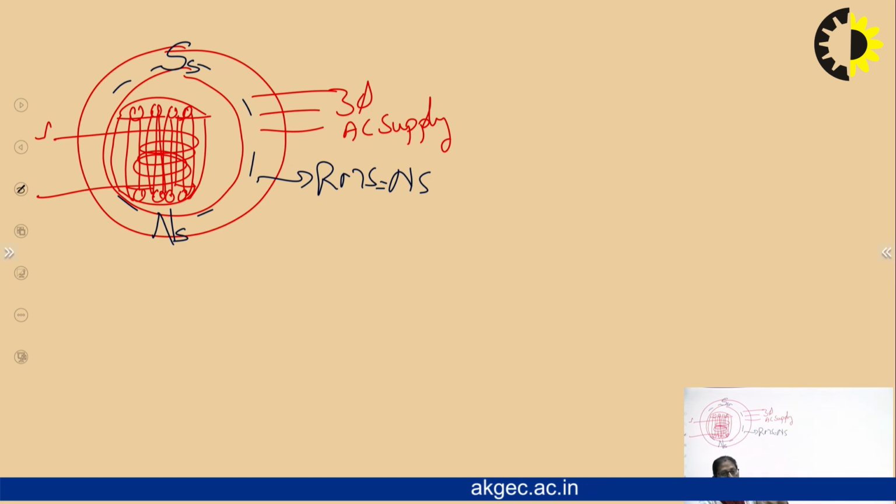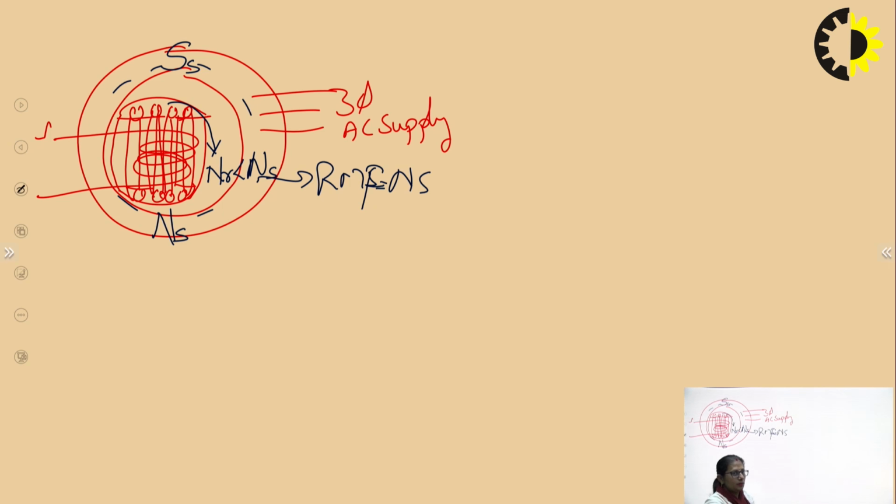So the rotor will rotate in the same direction as the rotating magnetic field, but with the speed nr, which is slightly lesser than ns. That means we are making the rotor rotate at a speed almost equal to ns, without any poles being created right now.